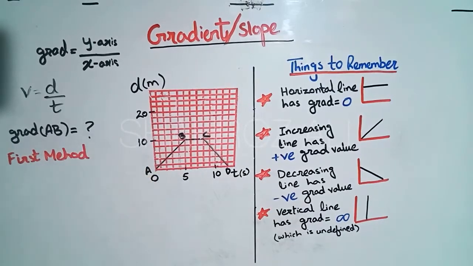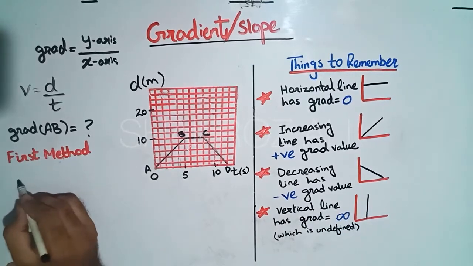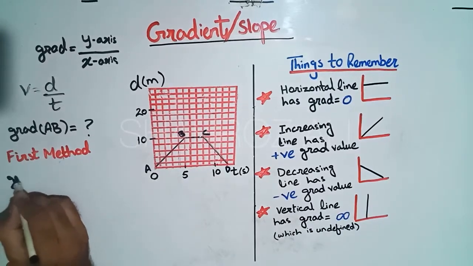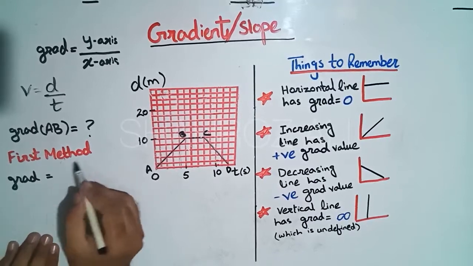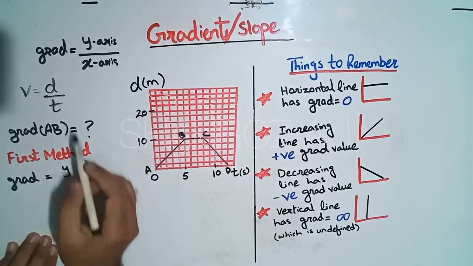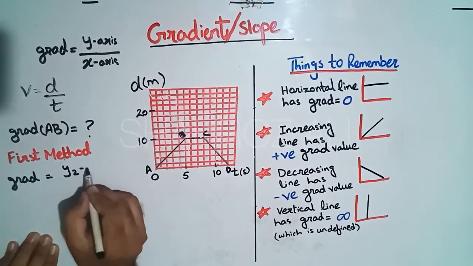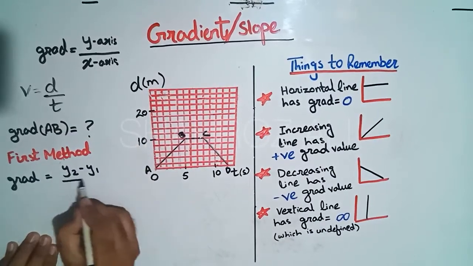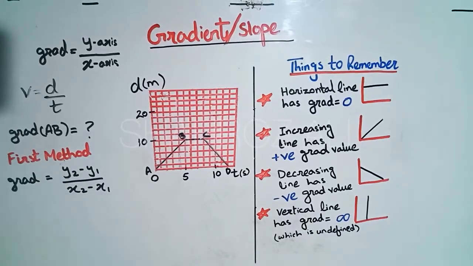For the gradient of AB I will use the formula, and because we use the y-axis in the numerator, it is written as y2 minus y1 over x2 minus x1.